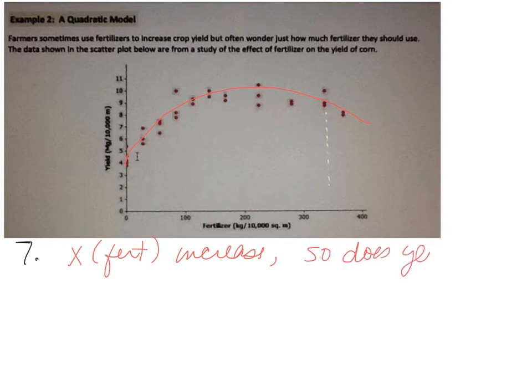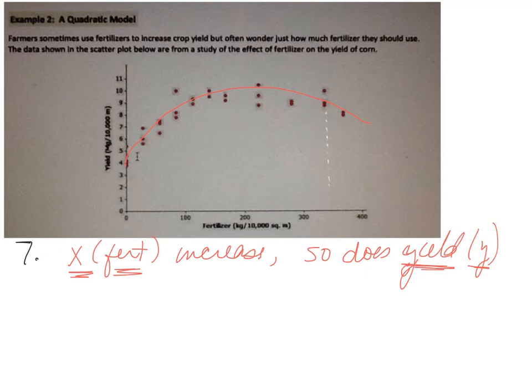Gosh, if you look at it, in the beginning, as the amount of fertilizer increases, so does yield. So as x increases, which is the amount of fertilizer, so does y, which is the yield of the crop.